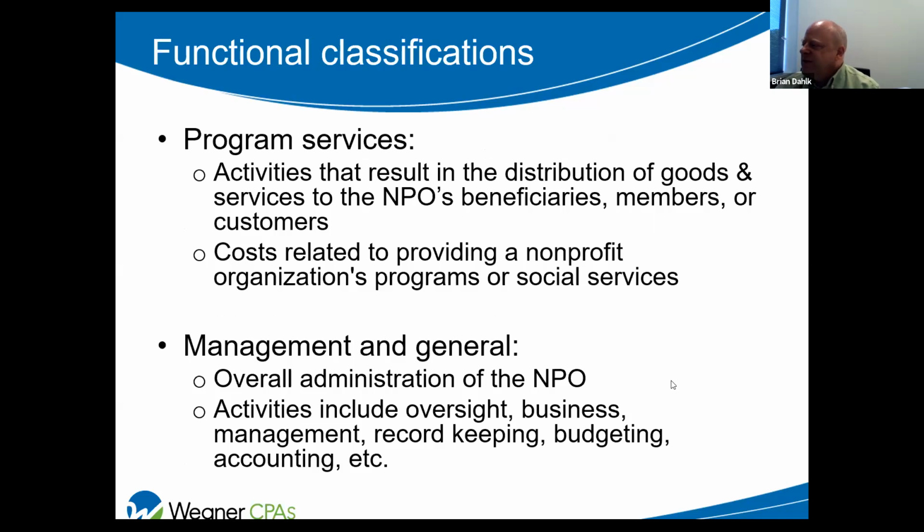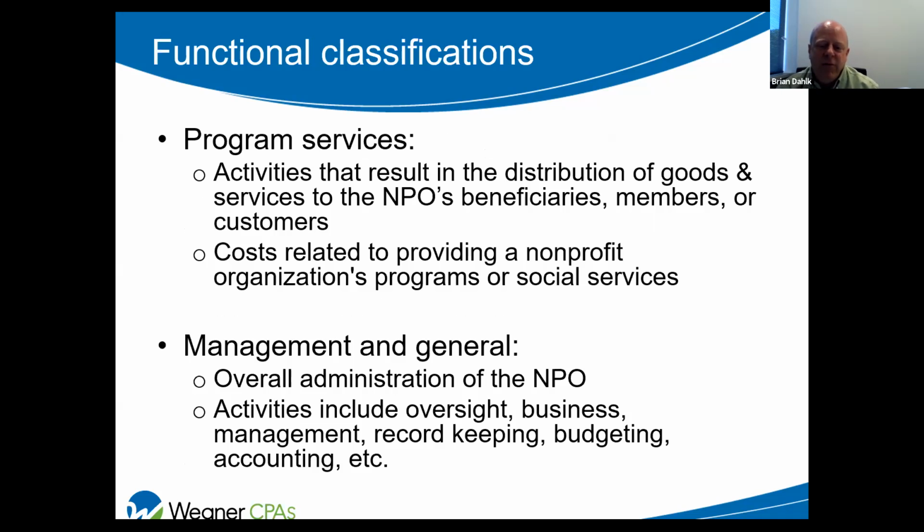The program services are really those expenses that are incurred to support the purpose or the mission of the nonprofit. Those are serving the nonprofit's members or beneficiaries. These are the things that you do because you want to do them.